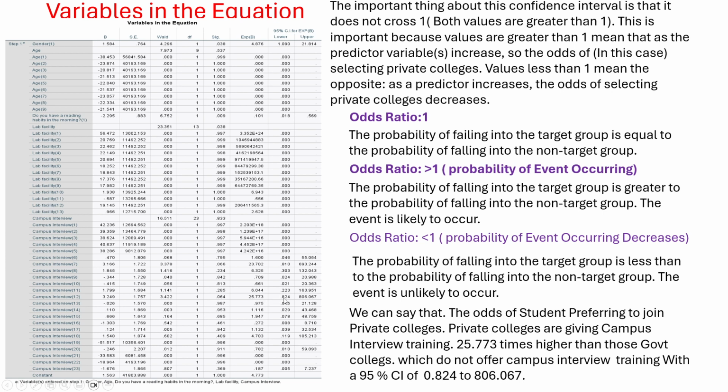Here see that CI value from 0.0824 to 806.067. So this is the model.